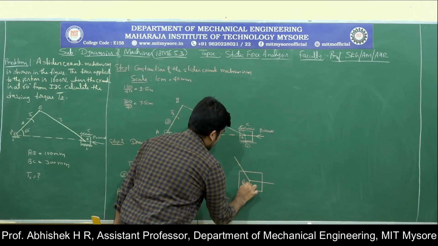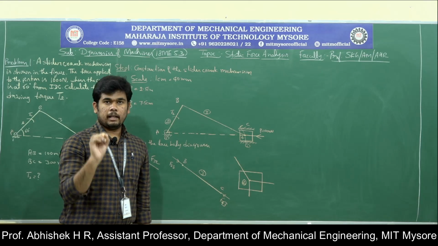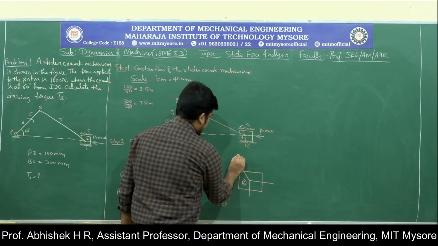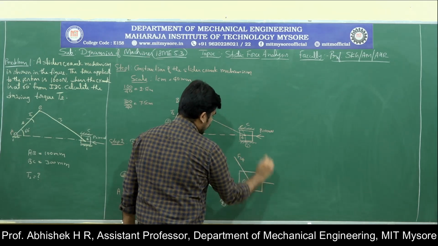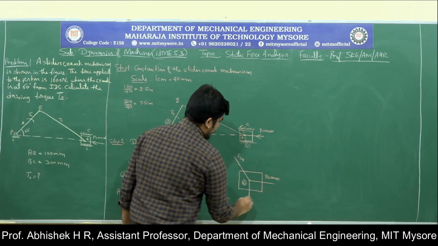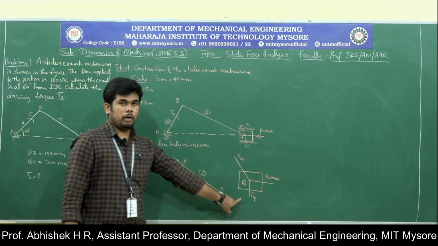So in link 4, we have three forces acting at a point, that is collinear. Here it is F34, and this is the actual load P equal to 1000 Newton, and this is F14. Why?